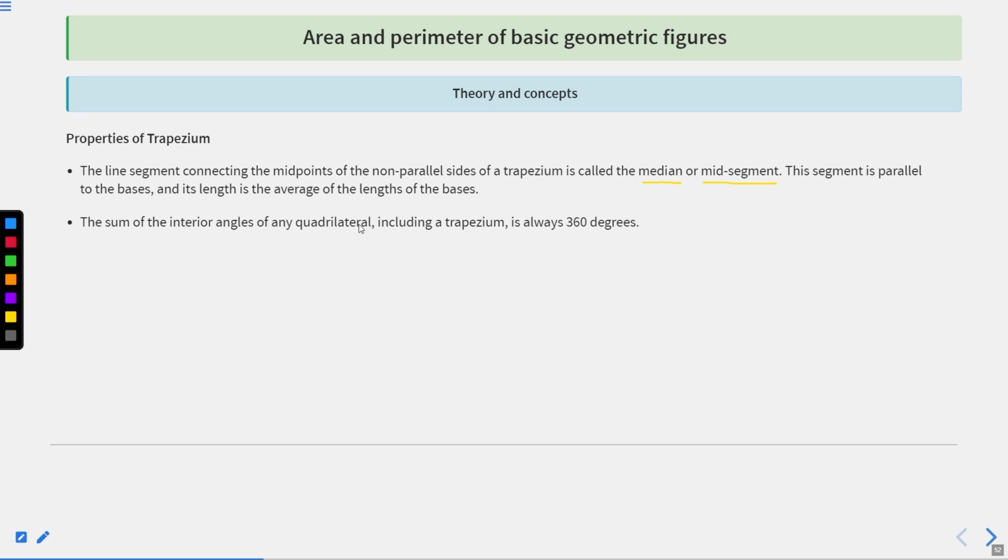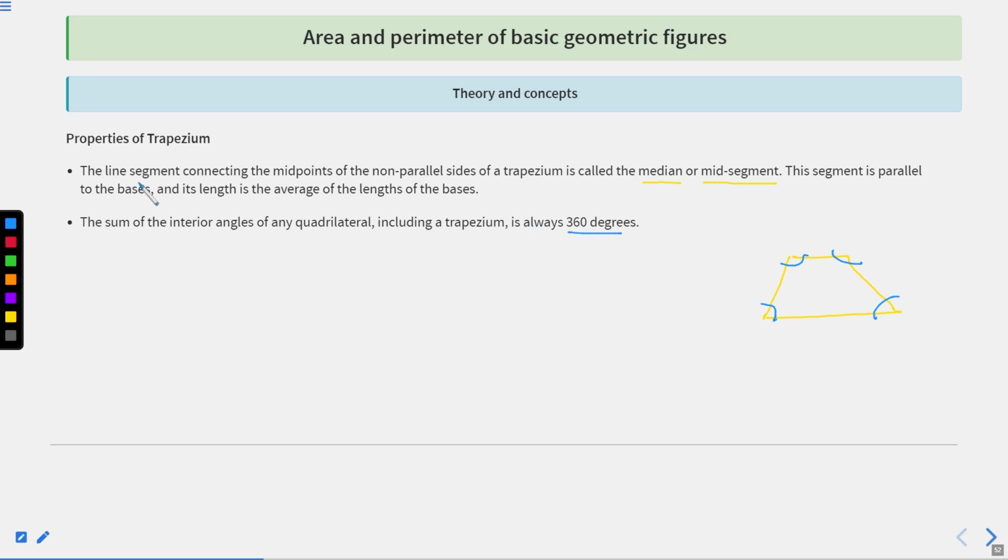The sum of interior angles of a quadrilateral, including a trapezium, is always 360 degrees. So if this is your trapezium and I take the sum of all the interior angles, this one, this one, and this one, the sum of all these angles is 360 degrees.